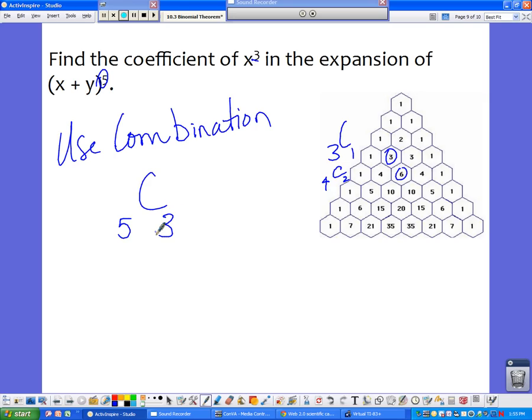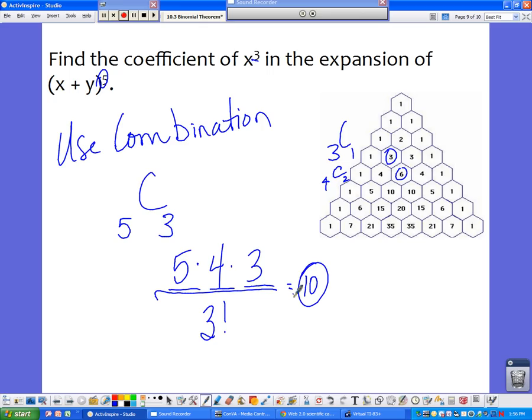So remember, when you're calculating a combination, we have 3 spots. So 5, 4, 3. And on a combination, don't forget you have to divide by the 3 factorial. So 5 times 4 times 3, and we find out the answer is 10.